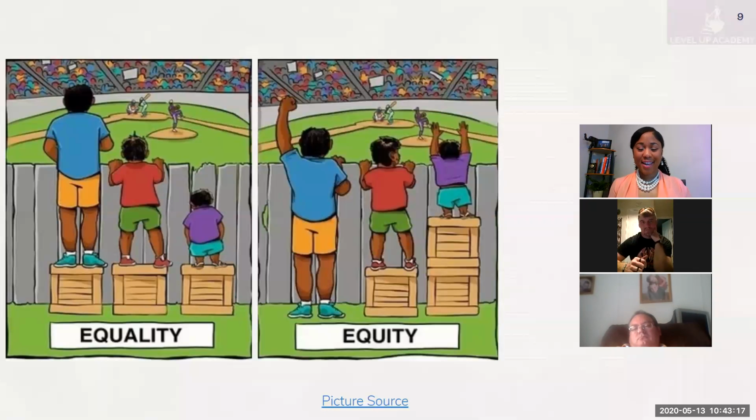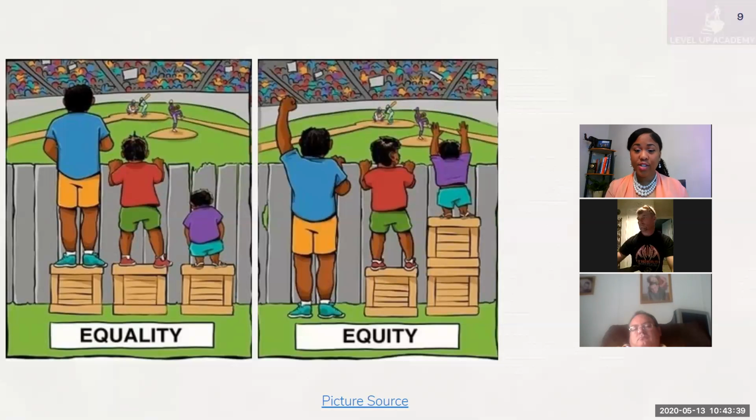Let's look at the second picture. This one represents equity. What do you notice? So now the tallest child has shared his box or stool with the smallest child.